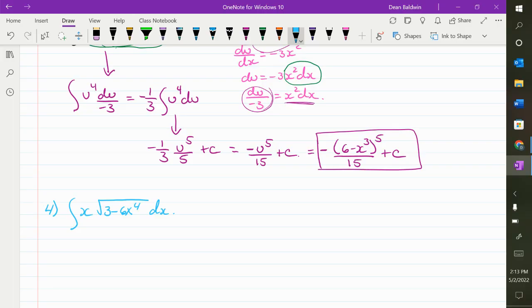Okay, oh, not x to the 4th, sorry. x squared. There we go. So again, look what's inside the root.